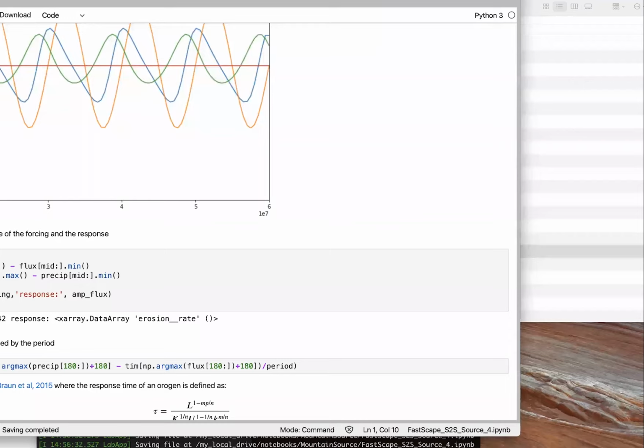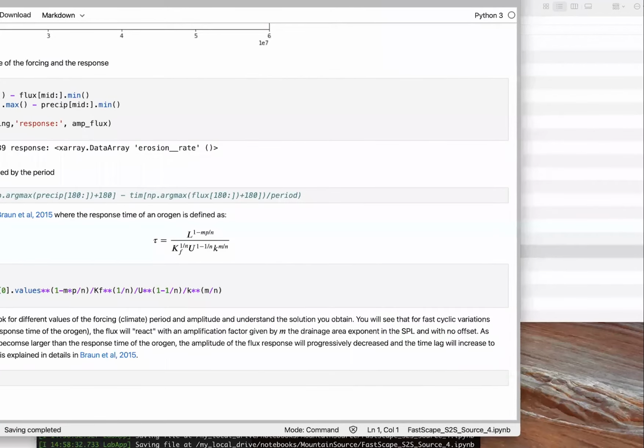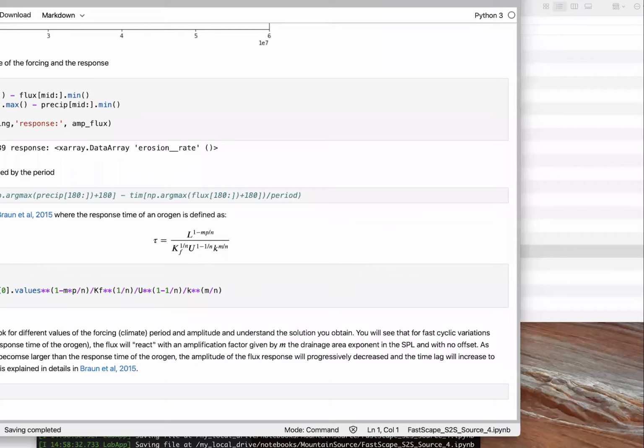We get this from this theory, and we get that for the uplift rate we are using. Basically, our mountain, the one we were looking at, has a response time scale of 1.1 million years. And that explains exactly what we see here.